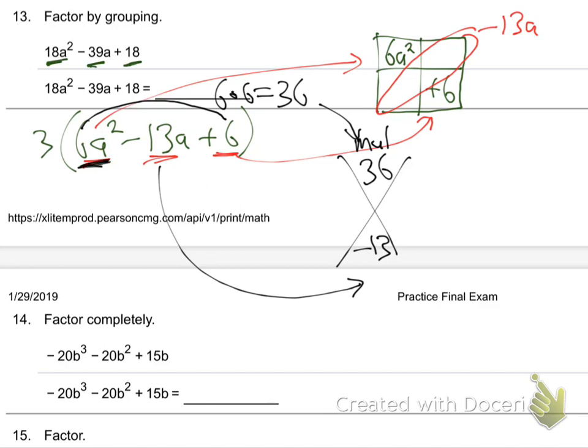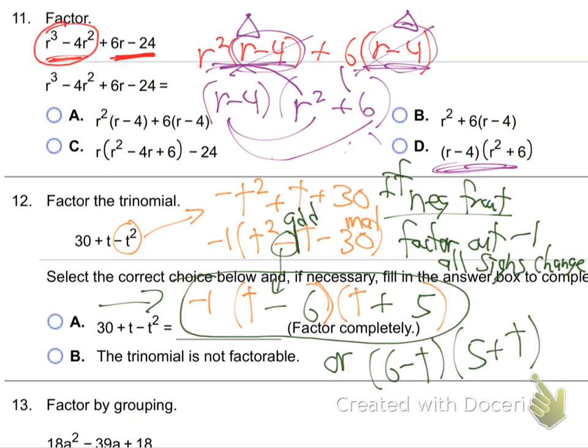So how are you going to remember when you need to do all this stuff? When you've got 3 terms and a number in the front. See how some of the other ones we did had no number in the front? It was just t squared or x squared. Those are easy: what multiplies to be the back, what adds to be the middle. You don't need all the fancy stuff.